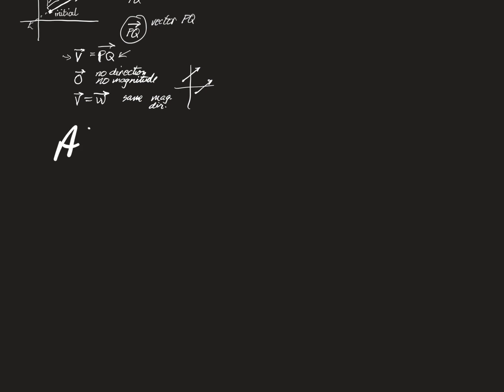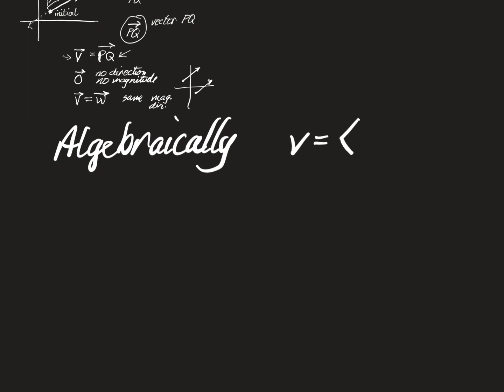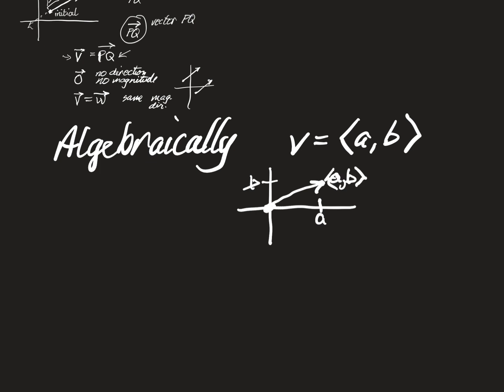So algebraically, we can represent a vector like this. We can say V is equal to <A, B>. Now, what is A and B going to be? So if we look at it geometrically, if our vector starts at the origin and ends up at a point out here, and that point has coordinates (A, B), then that is the component form of the vector.